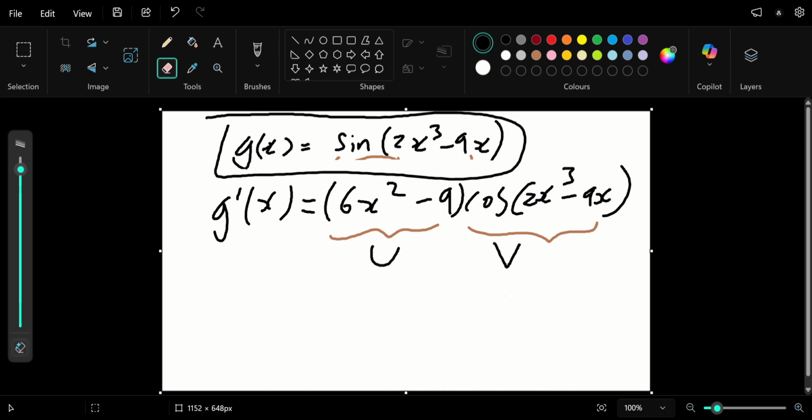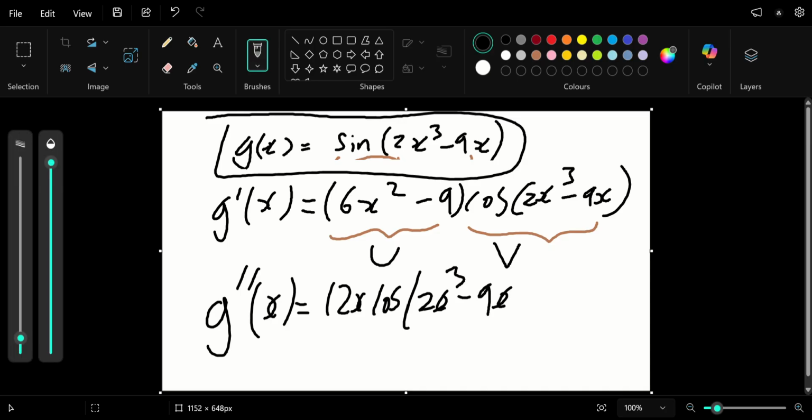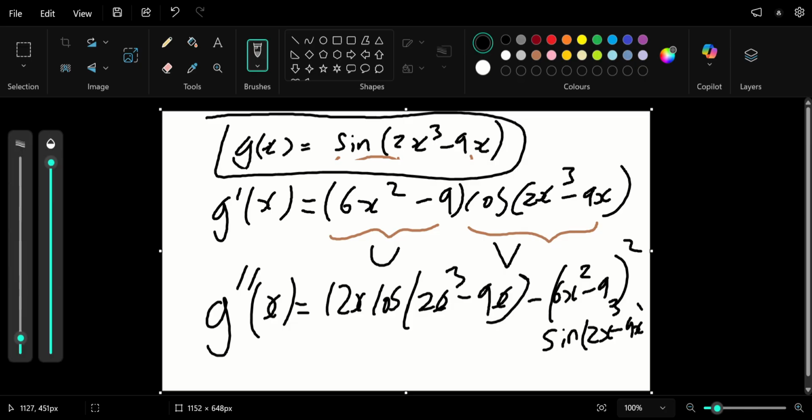So our final clean expression for the second derivative here is 12x cos of 2x cubed minus 9x, minus 6x squared minus 9, squared, because there were two of them, so we can just raise that to the power of 2 to make it simpler, times sine of 2x cubed minus 9x.